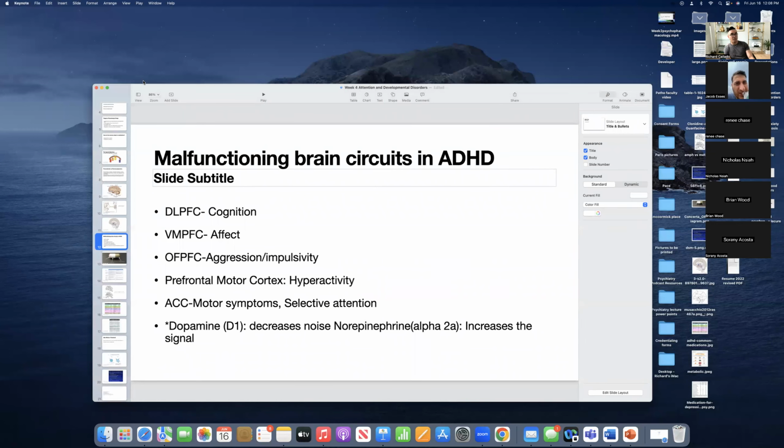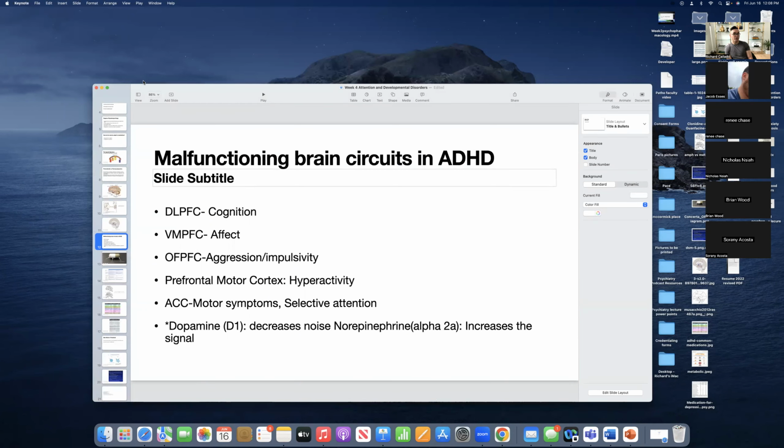All right, so these are the malfunctioning brain circuits proposed for ADHD. DLPFC stands for dorsolateral, that's on the outside, prefrontal cortex, and that's for cognition or sustained attention. VMPFC stands for ventromedial prefrontal cortex, and that has to do with emotional lability or affect in ADHD, which we see a lot.